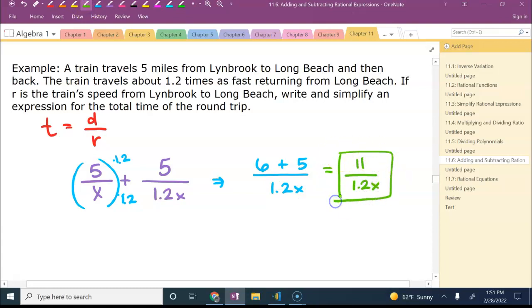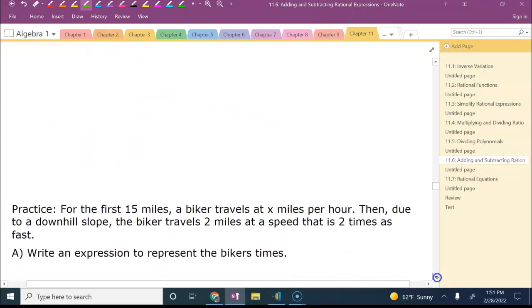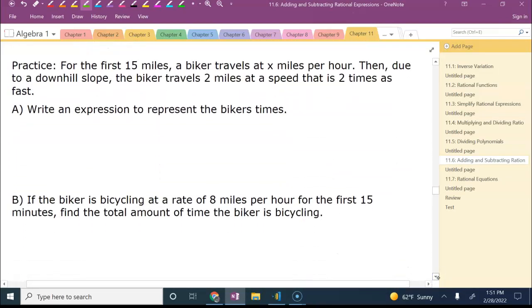And that would be our equation. Now if they asked us some follow-up questions like they did on the previous problem, then we could go ahead and use that equation to figure out how long it took them to do this, or if you knew how long it was, what their speed was, we could continue to go back and find those kinds of things. What I want you guys to do here is take a minute and try to do this last practice problem and then come back to see what it should have looked like.